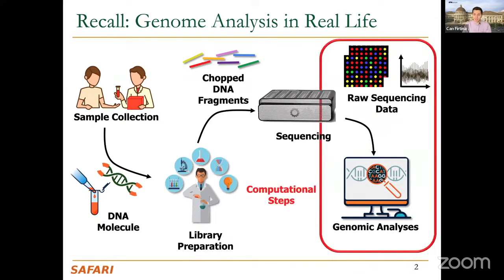Next, we analyze this raw sequencing data mainly in two ways. We either directly analyze this raw sequencing data to do some genome analysis, or convert it into sequences of DNA like ATGCs, which are usually referred to as base called reads, so that we can put the sequencing data in a human readable form for the later steps in genome analysis.